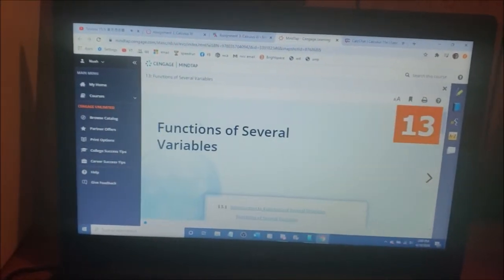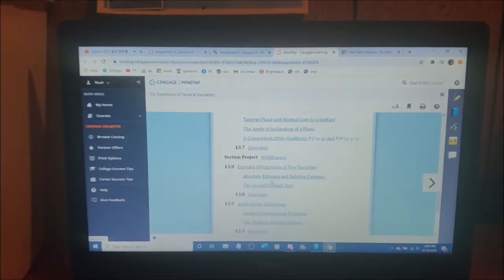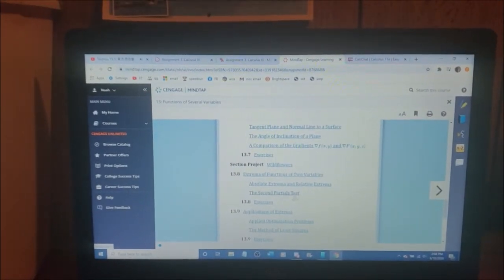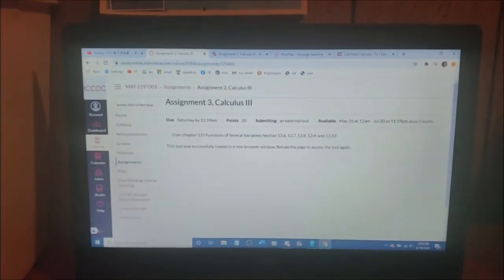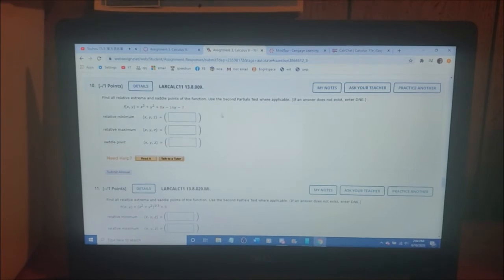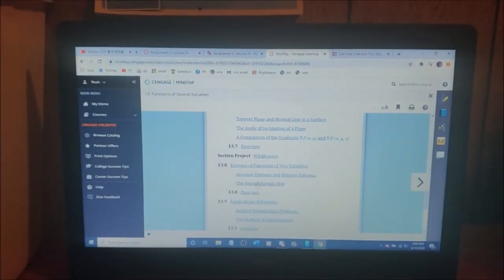So let's see. For 13.8, we got two sections, which is absolute extrema and relative extrema, and then the second partials test, which it looks like it says in the question, so that means we're gonna have to read both parts. So I'll get back to you. It's 2:04, and I'll get back to you when I've done that.